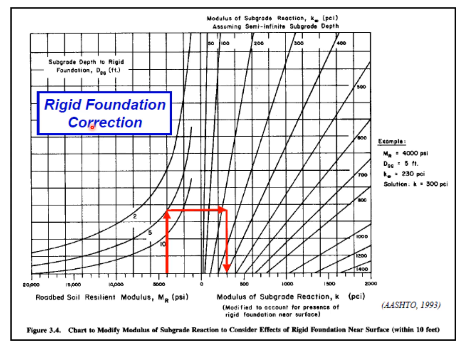So if you just look at this particular figure, this scale is meant for roadbed soil resilient modulus, and you can see different curves here, and these curves are meant for the subgrade depth to rigid foundation, D_SG, and these lines are meant for modulus of subgrade reaction, okay, and this axis is meant for the modulus of subgrade reaction K in pci.